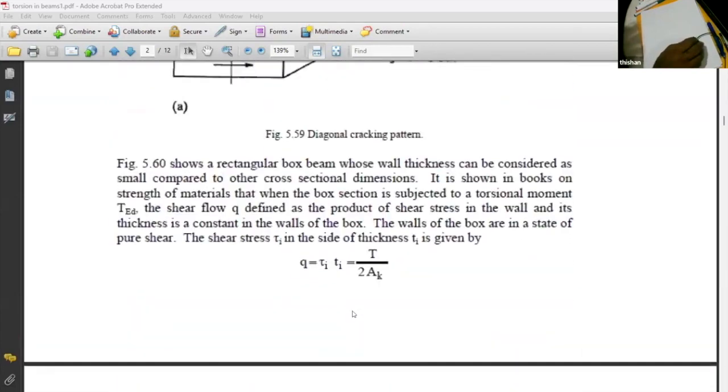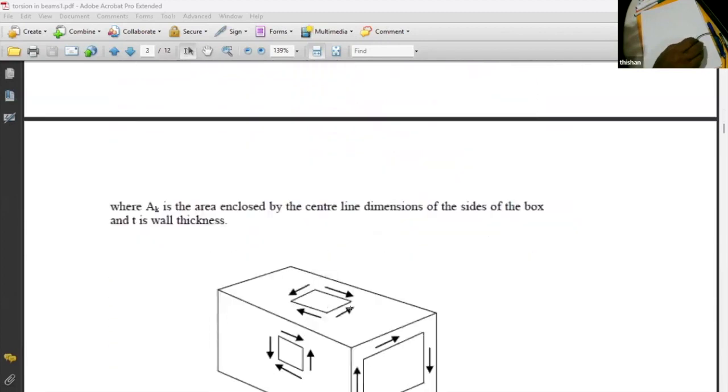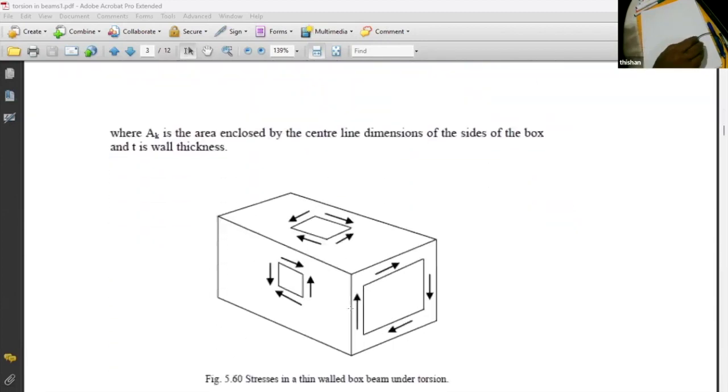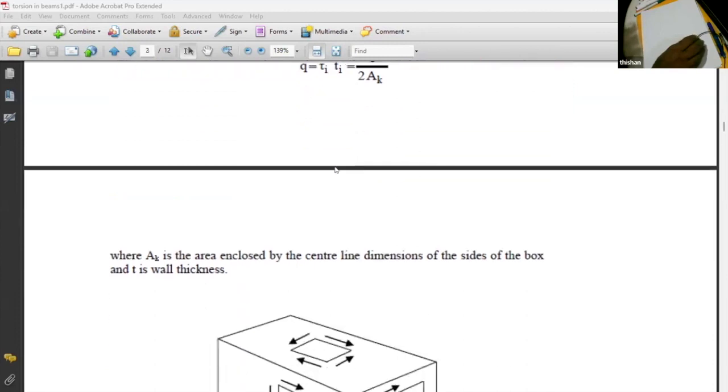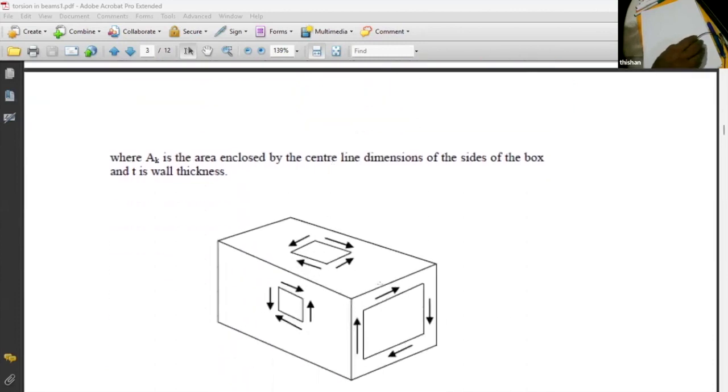Right. Now we'll look at this particular situation, and we'll also look at this particular equation. q is the torsional shear stress multiplied by thickness, and q is the torsional shear flowing around it.